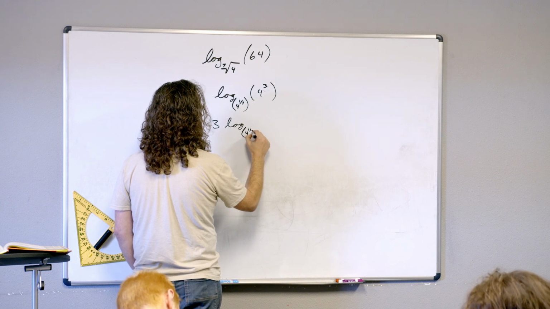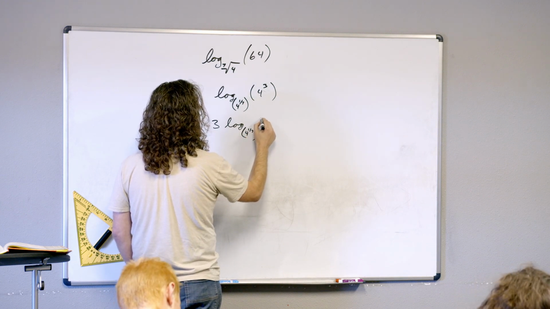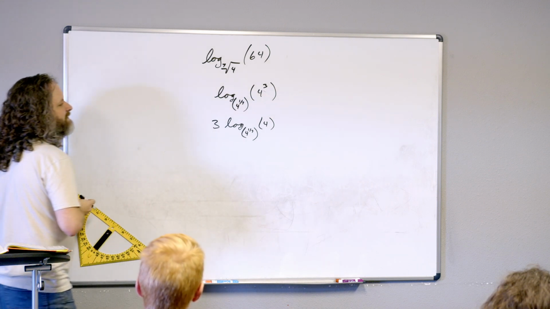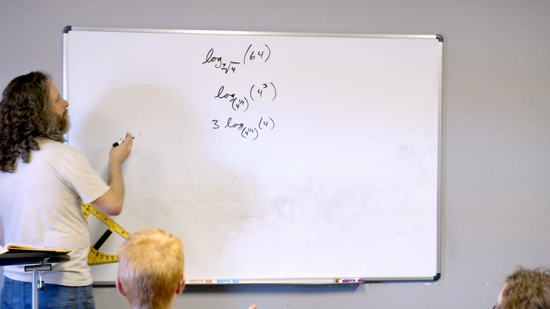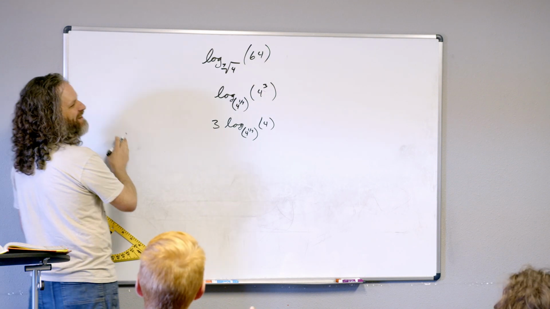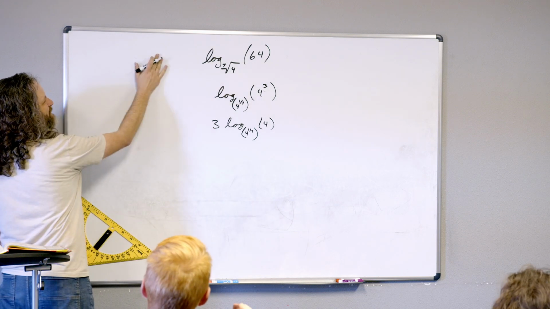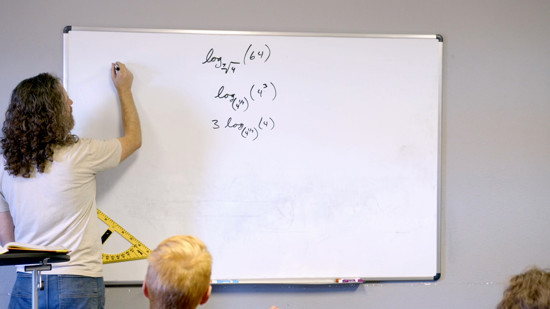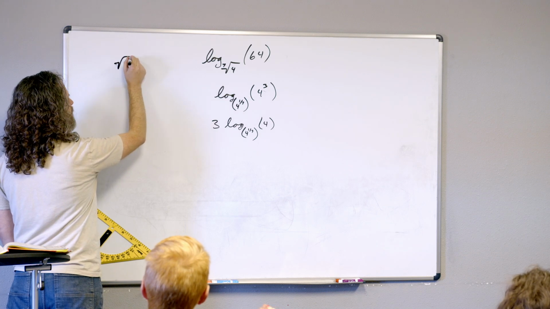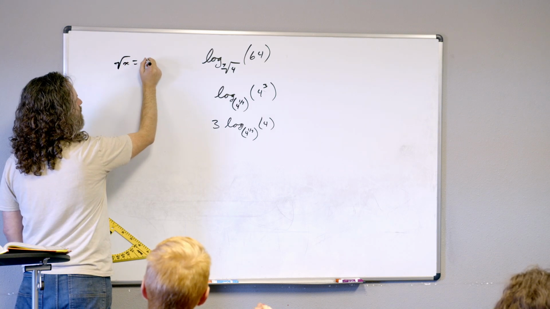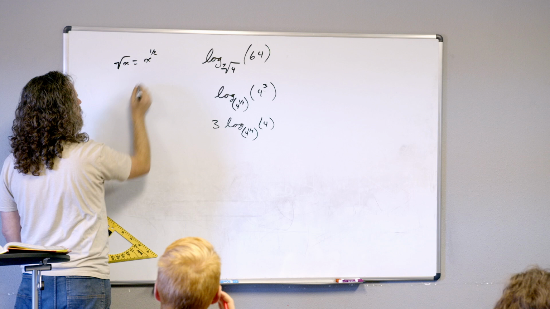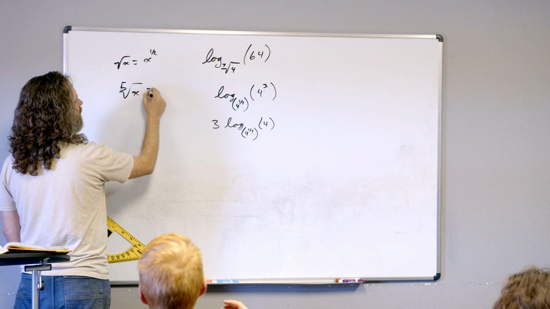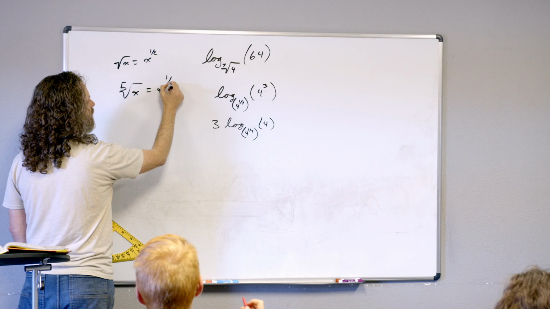Are we following where the 1/7 comes from? Yes. It just looks like magic to me, but as long as I know it's possible. No, that's not good enough, because then it's just going to be magic on the test and you're not going to remember it. It's a root. If we have the square root of x, that's x to the 1/2. If we have the 5th root of x, that's x to the 1/5.